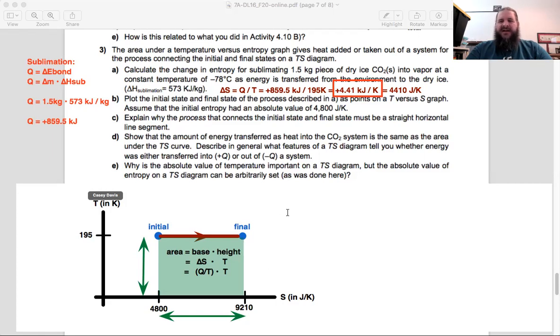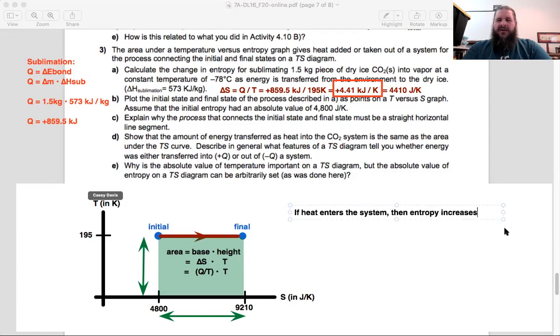Yeah, or I would say delta S is greater than 0. The entropy is always positive, just based on the way we define it. You can't have negative entropy. But the important thing is that the change in entropy is greater than 0. So in general, if heat enters the system, then entropy increases.